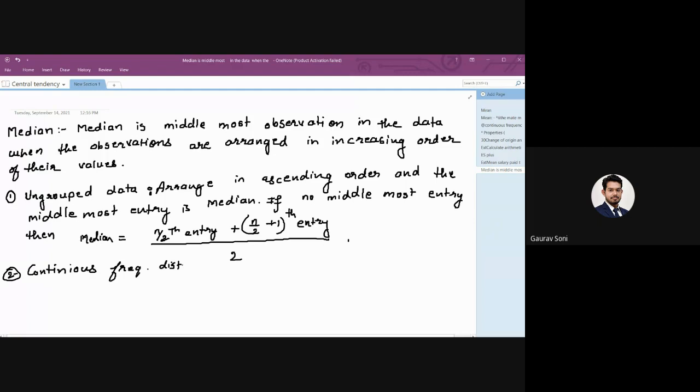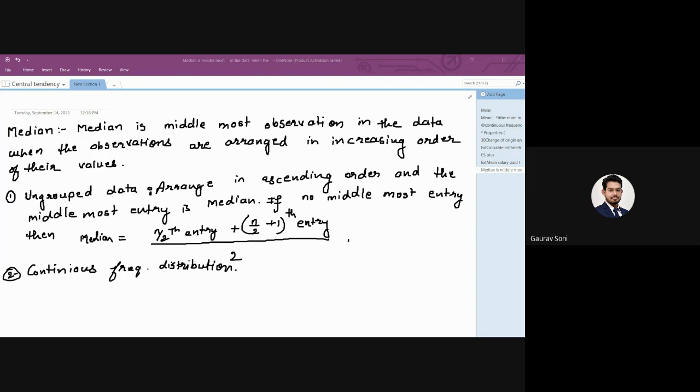Anyone quickly, what is continuous frequency distribution? Which type of data do you call continuous frequency distribution? Sir, when they are without gaps. The one with the class intervals is a continuous frequency distribution.